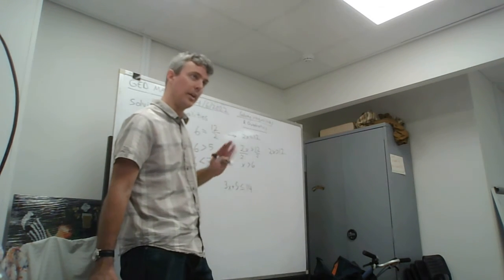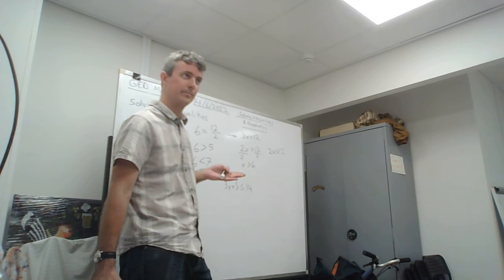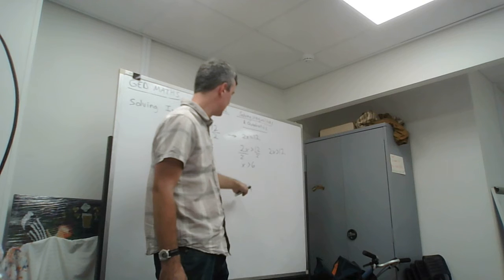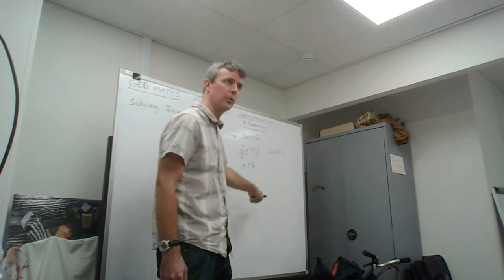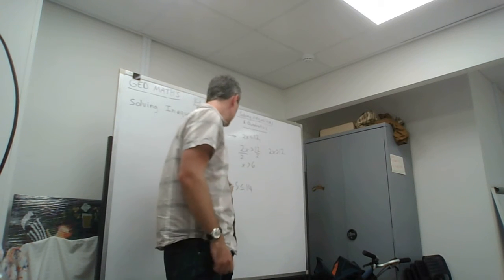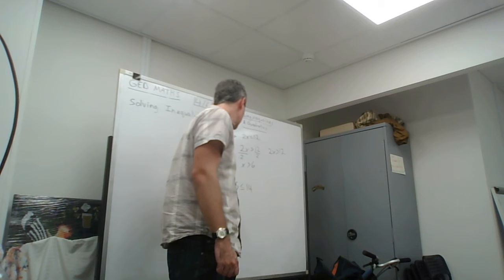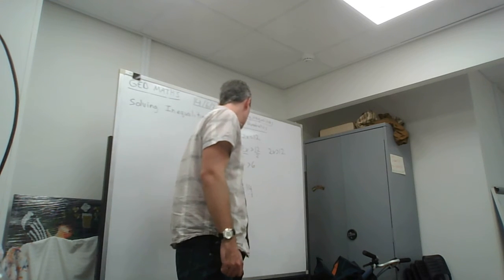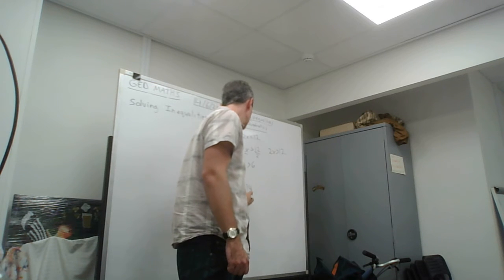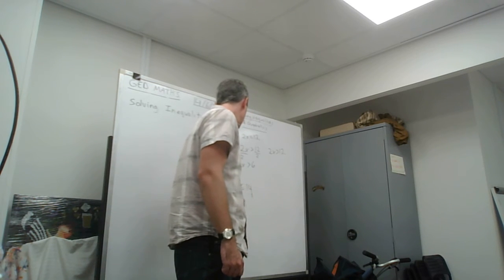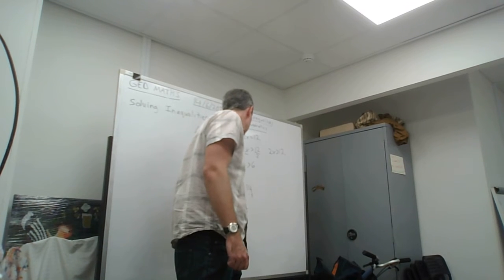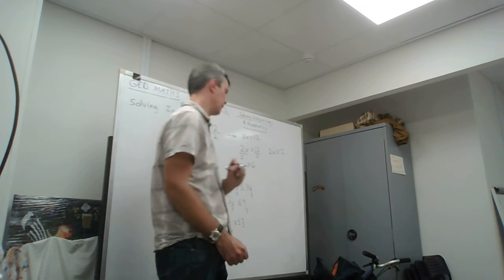It can be either one. So we use this inequality and we say whatever our x is, it has to be less than or equal. We solve it the same way. We subtract 5 from both sides. So 3x is less than or equal to 9. We divide each side by 3. Therefore, x is less than or equal to 3.